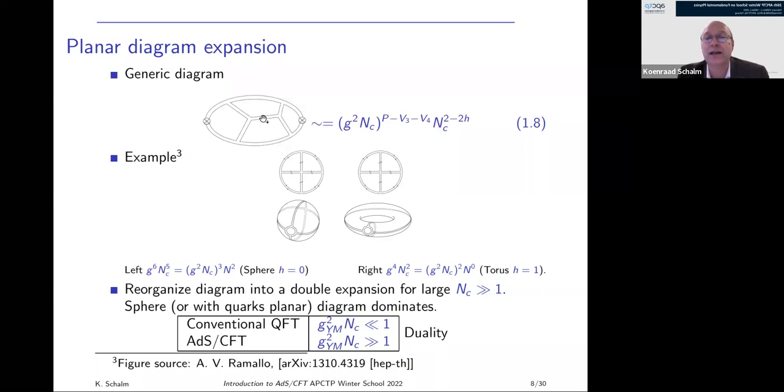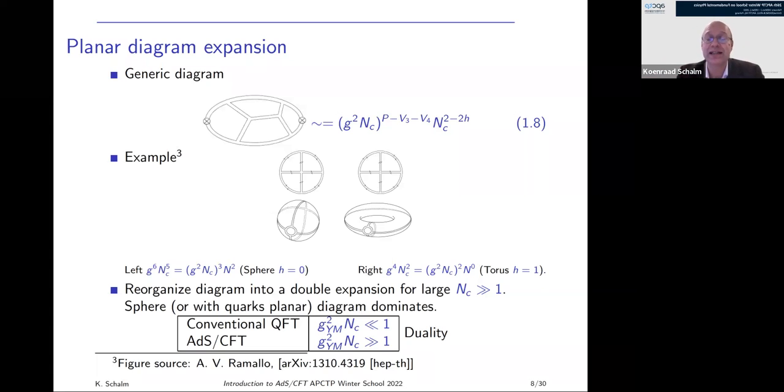Otherwise, I cannot compute the algebraic expression that corresponds to this Feynman diagram. The loop integrals would just be way too complicated. So in conventional quantum field theory, you have a large N expansion. But then on top of it, you take this combination g squared Yang-Mills Nc very, very small, so that you have a low number of propagators and vertices in the system.